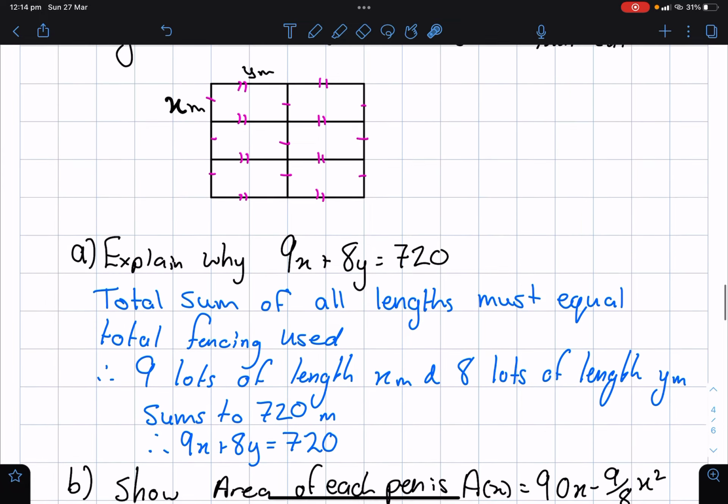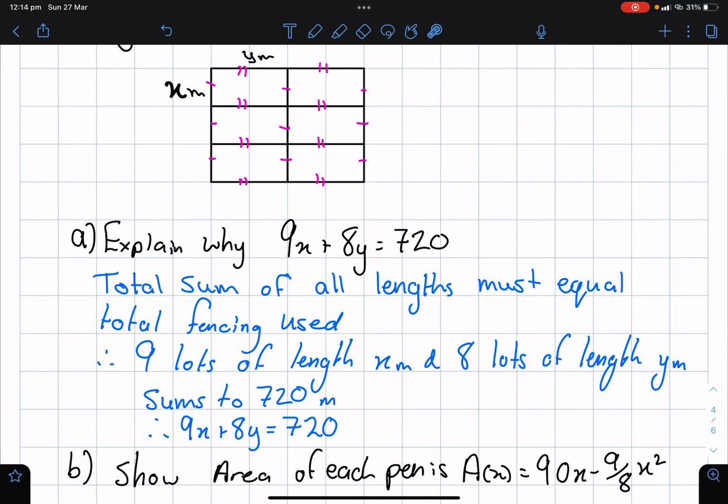Part B: show that the area function of each pen is 90x minus 9/8 x squared. First we need the formula for the area of an individual pen. Area of a rectangle is length times width, so we've got x times y.